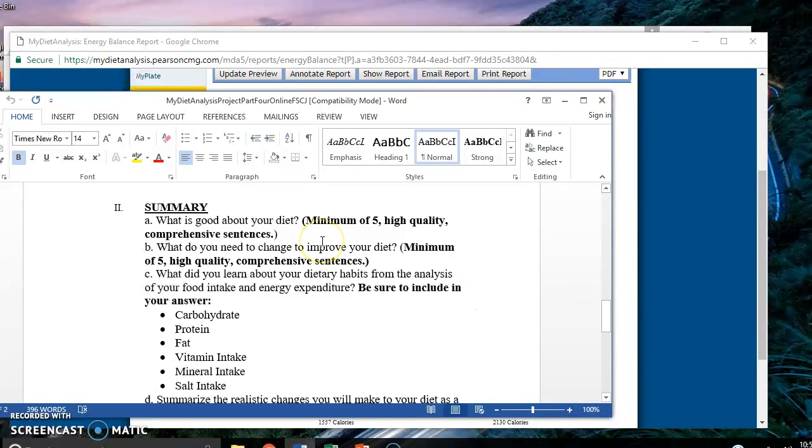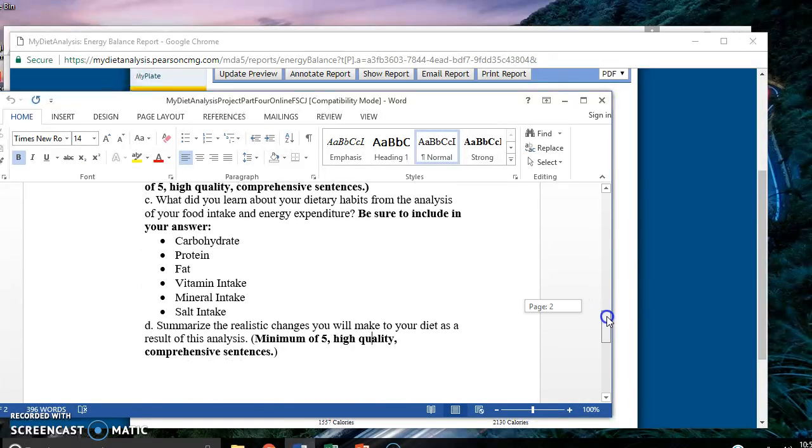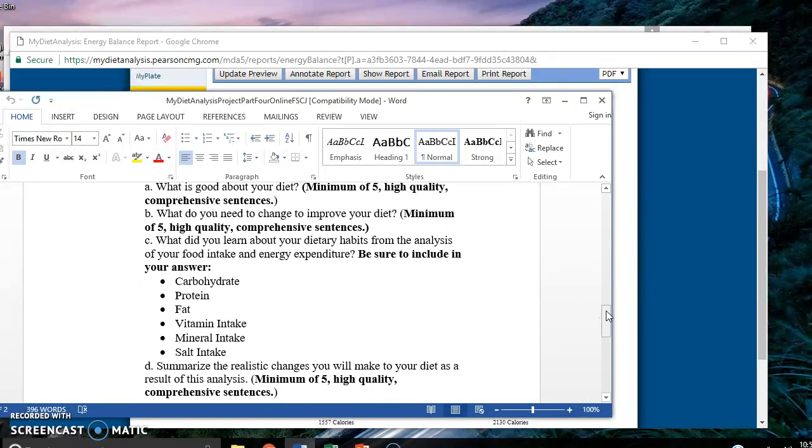You need to make sure that in these questions that you have a minimum of 5 high-quality comprehensive sentences. And that's in questions A, B, and D. And in C, it's asking you, what did you learn about your dietary habits? So what did you learn about carbohydrates?